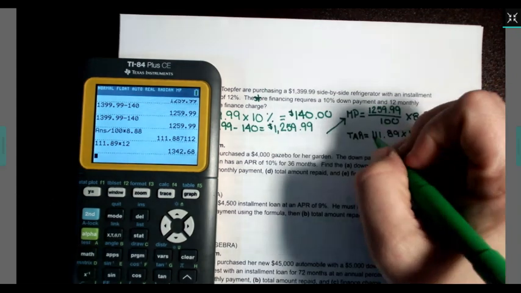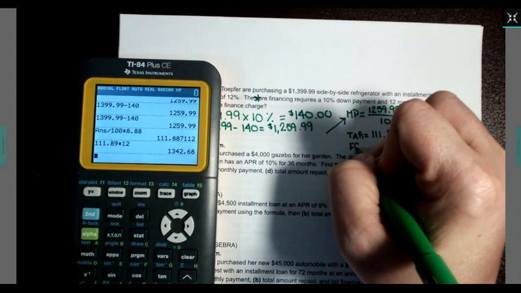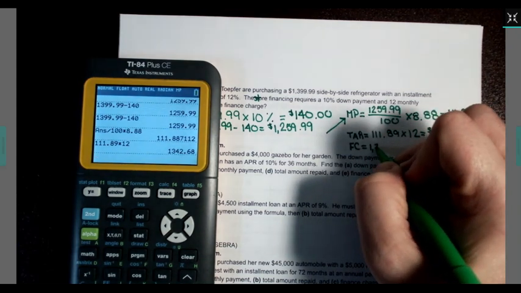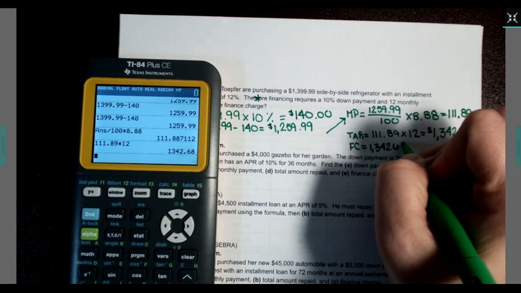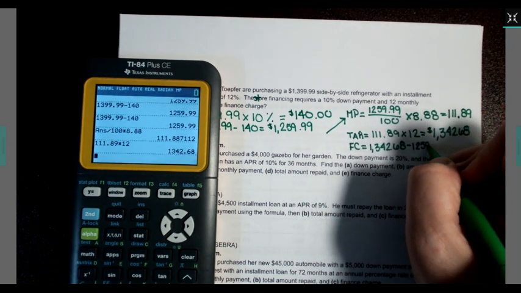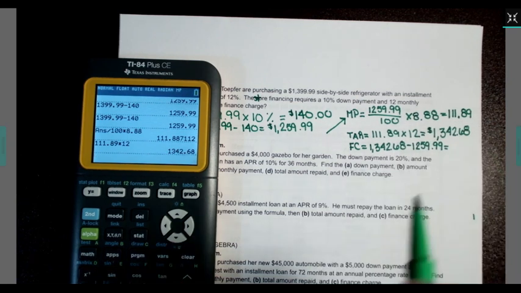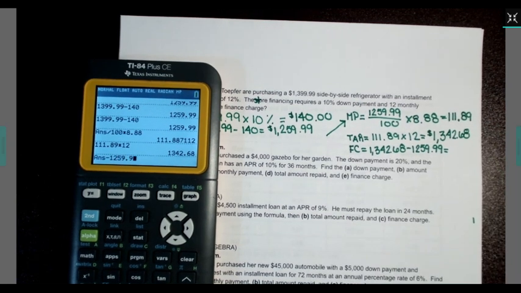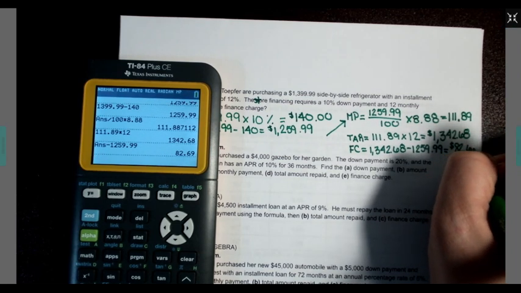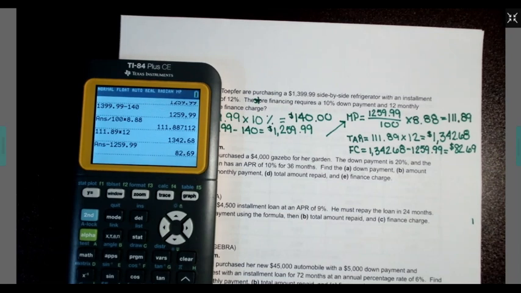So we're going to find our finance charge, we're going to take the amount that we paid, $1,342.68, and subtract by the loan amount, which is $1,259.99. So take this and subtract. We pay $82.69 in just finance charges alone. Take a moment to get this copied.